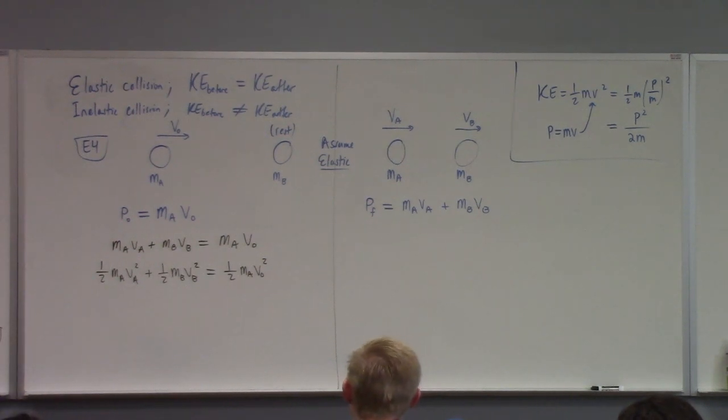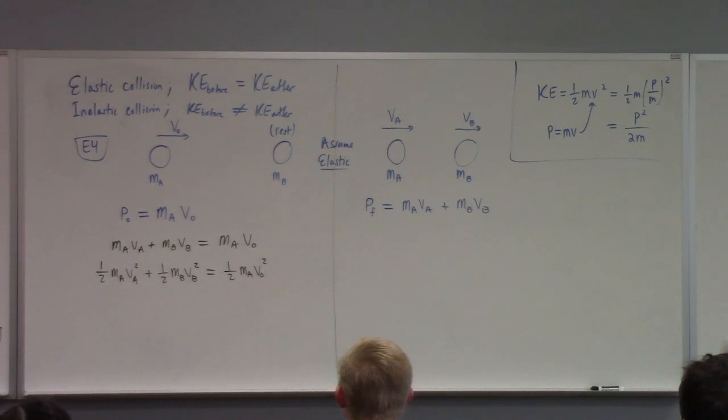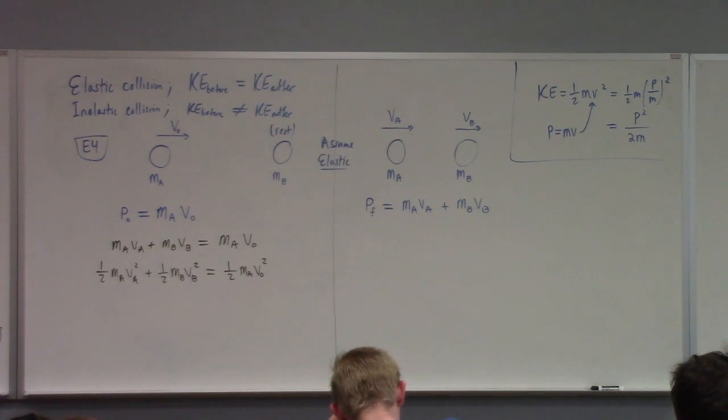1/2 MA V naught squared. So what can we do here? Well, these are the equations that govern an elastic collision as I've set it up here. What would be interesting to solve for? Can we solve for anything? Is there just one scenario here?